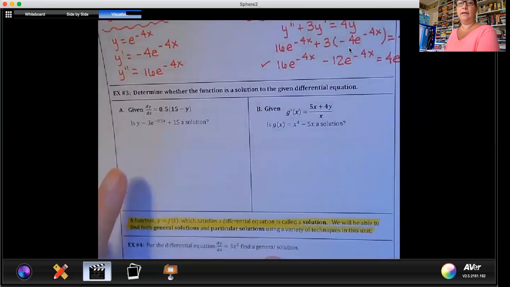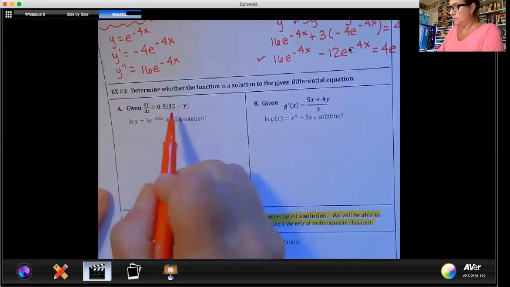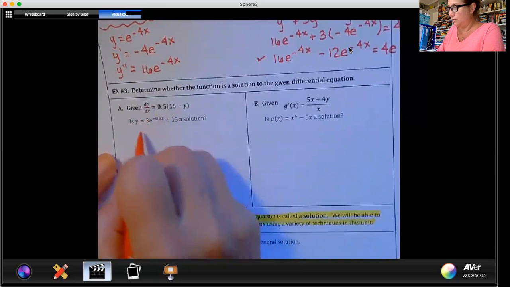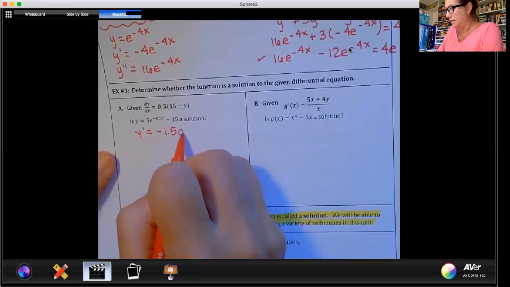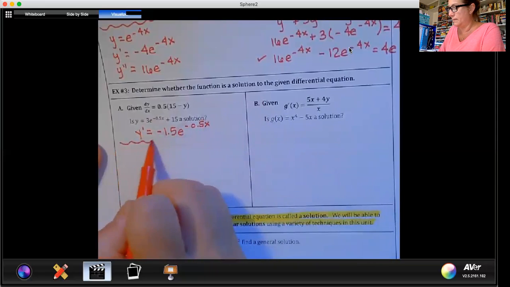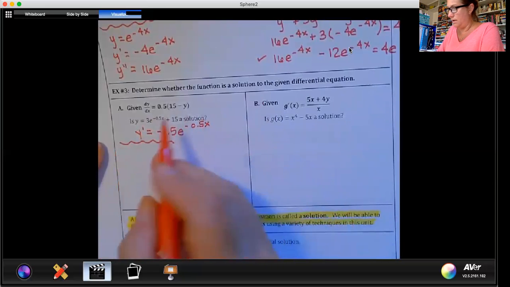Now, in example 3, it says determine whether the function is a solution. So this one only has dy/dx, so we're just going to find y prime. So we've got 3 times e to the negative 0.5x times negative 0.5. So negative 1.5e to the negative 0.5x. All right, so now we're going to substitute.